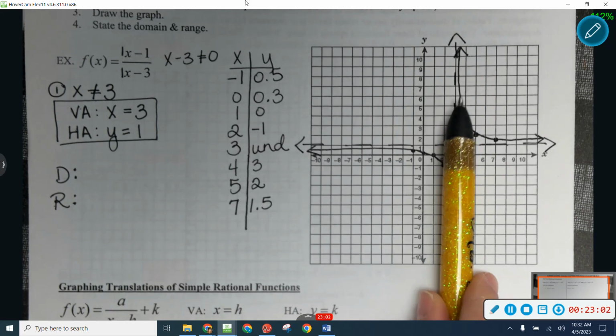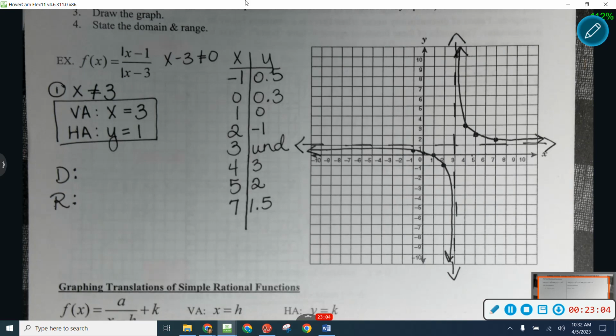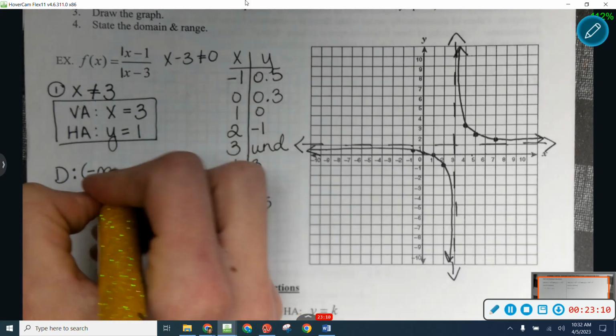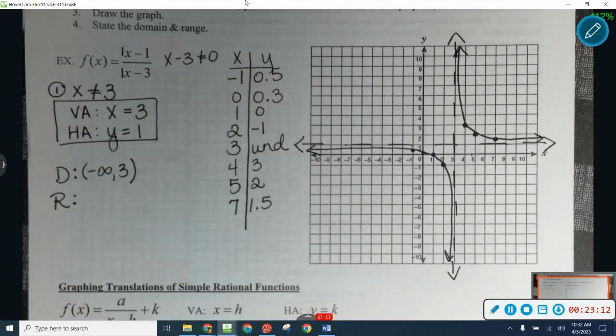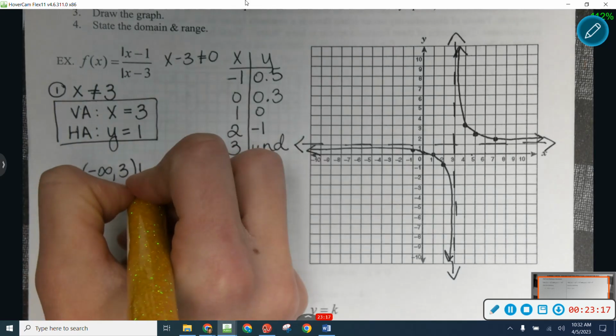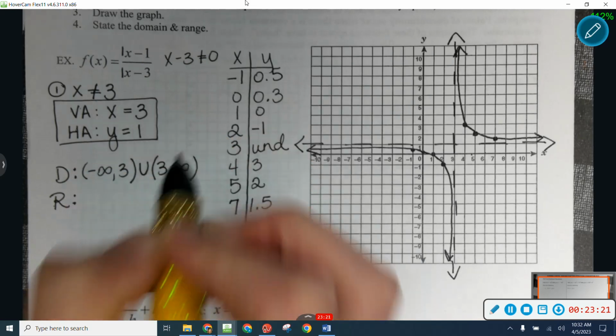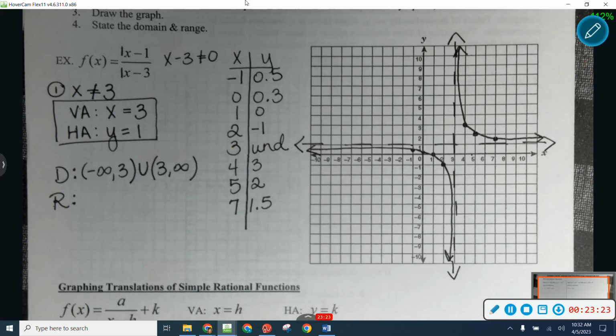So if I were doing, say, interval notation, I'm going to go from -infinity to that 3. I'm not going to have a bracket because that's an asymptote. Then I'm going to have my union symbol and pick it back up at 3 and go to +infinity. So with it being parentheses instead of a bracket notates that it's not equal to 3.